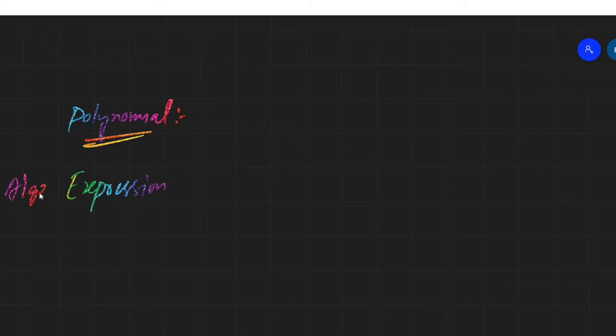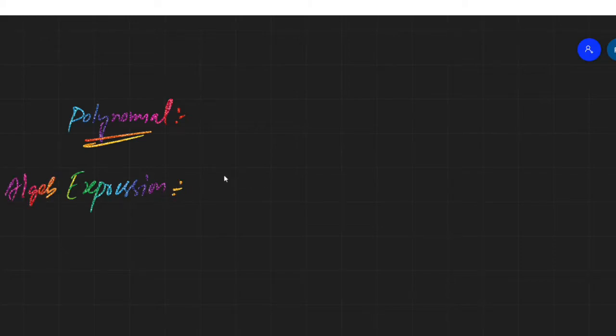Now we need to understand what a polynomial is basically. I'm going to define a polynomial, but before that, let me define an expression, or algebraic expression.